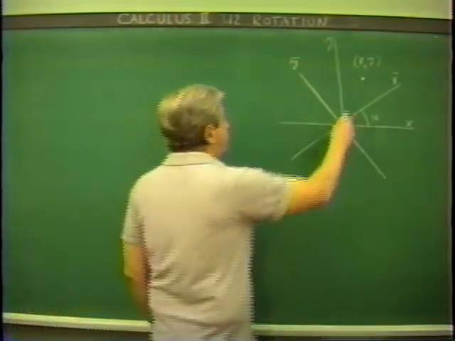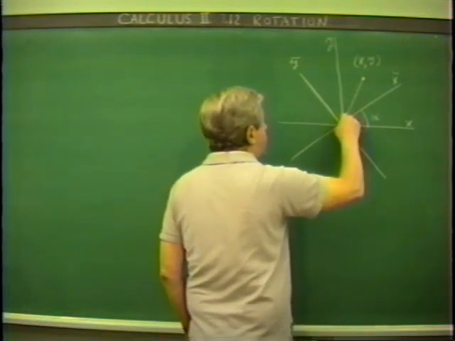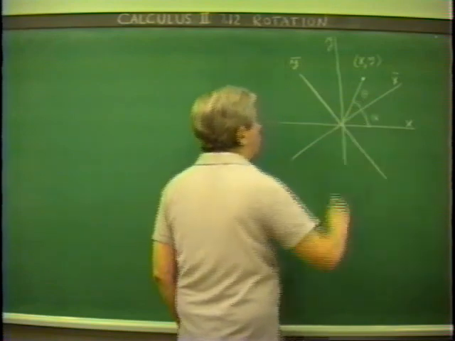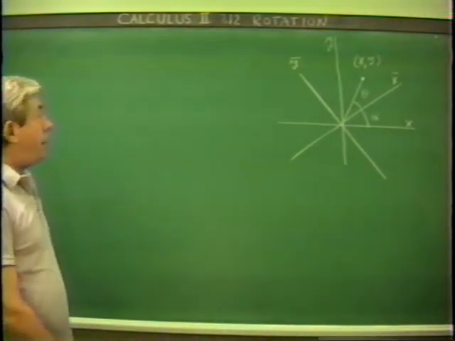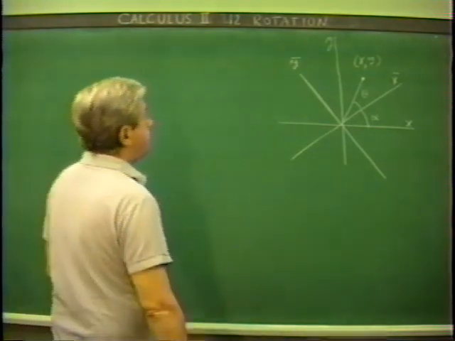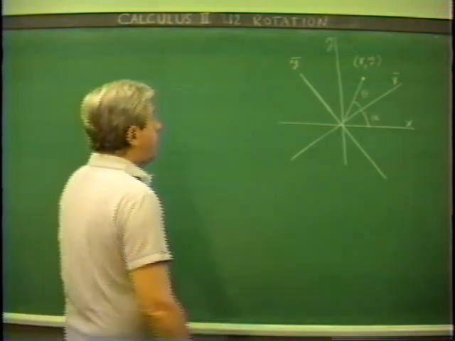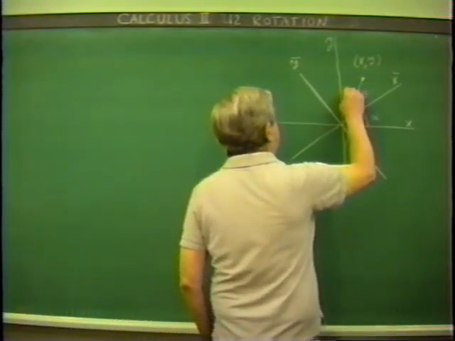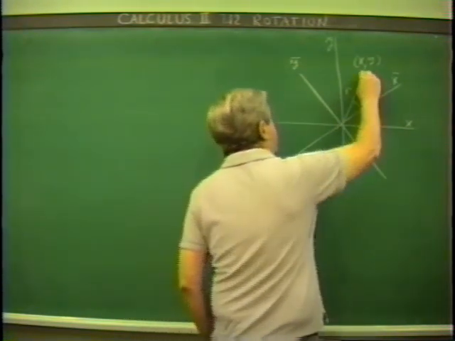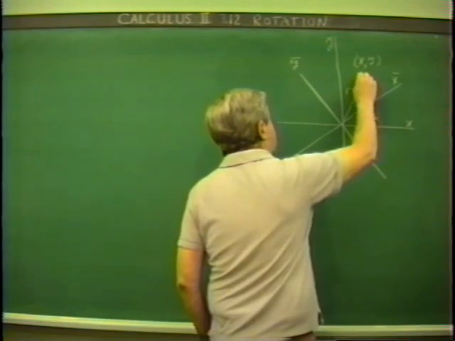Now let's consider a point here, the point being xy in the xy coordinate system. Right? And let's suppose that this point makes an angle theta here with the x bar, y bar coordinate system. Then what do we have? Right?